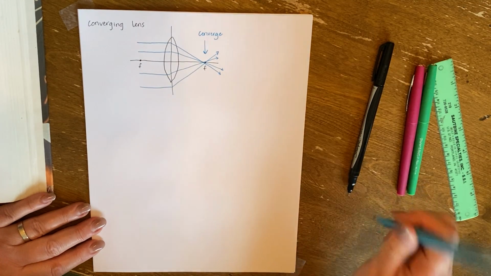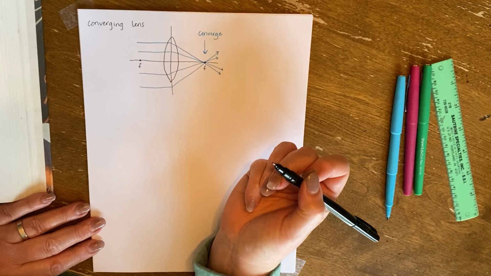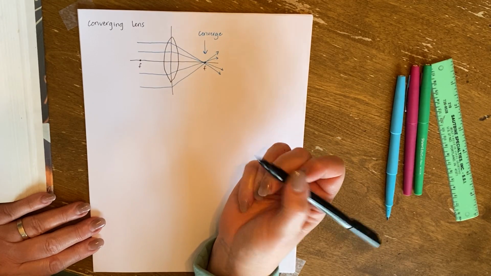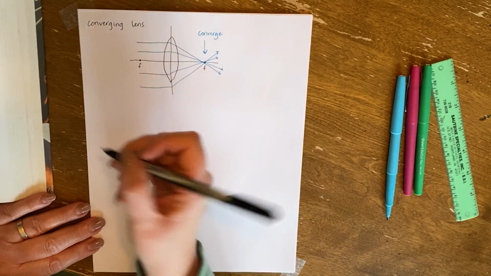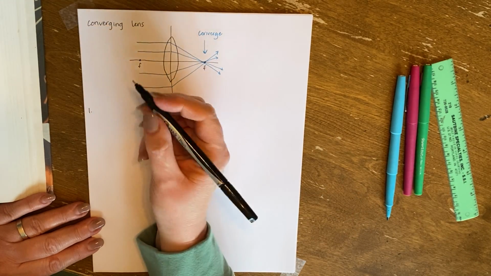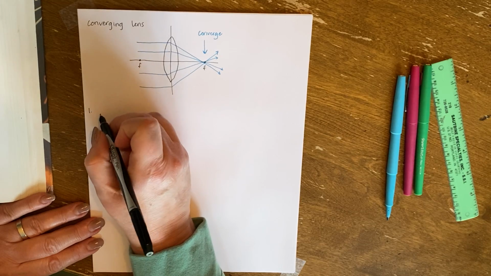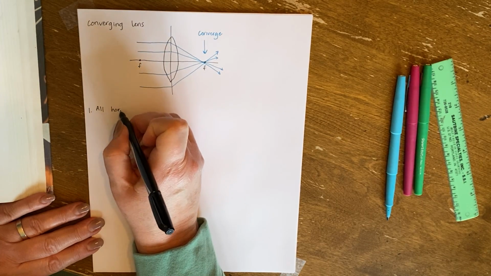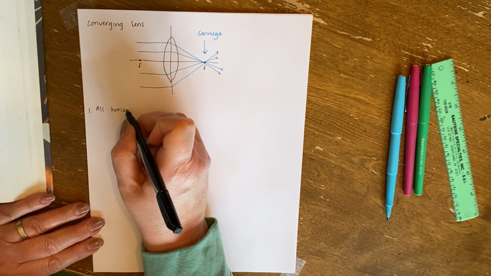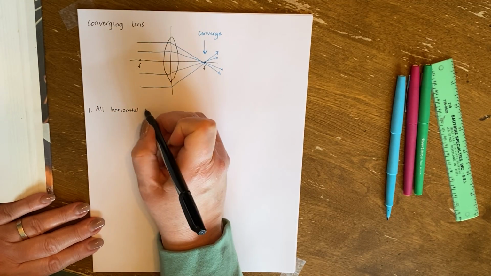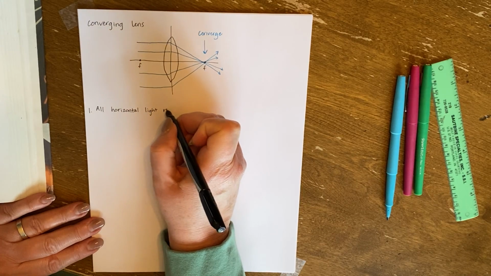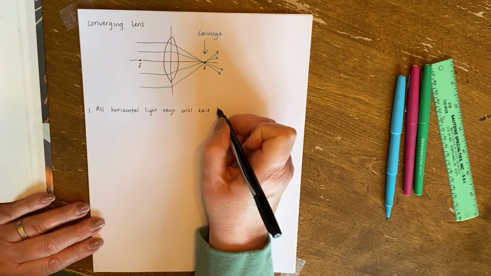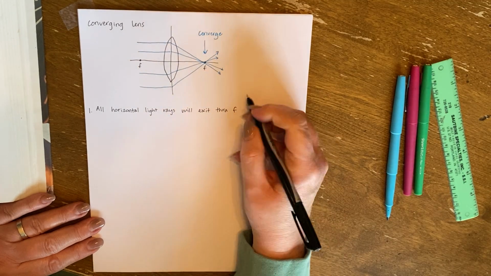Okay, so the three rules for drawing our lines and our ray tracings to predict how this image is going to look as it goes through the lens. The first rule is what we've tried to depict here, that all horizontal light rays will exit through the focal point.